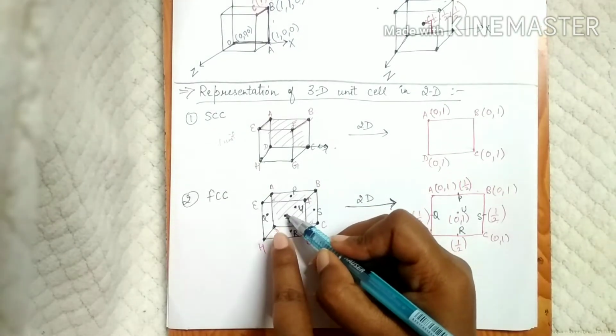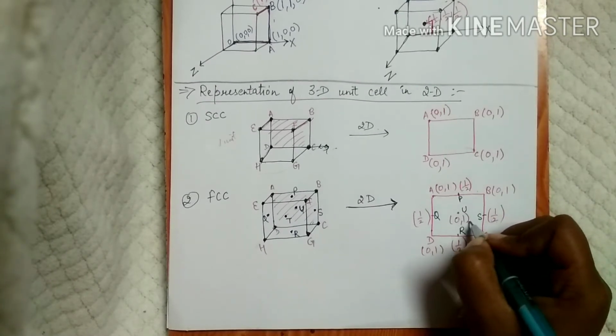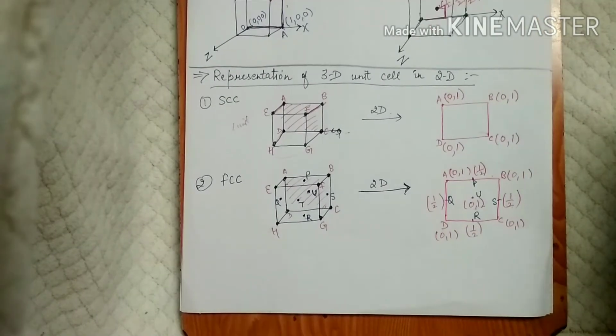So both of them have a distance of 1 unit. So this is designated as 0, 1. So this is how you can represent a 3D unit cell into 2 dimensions.